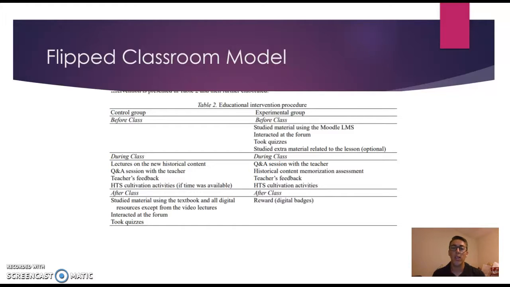They did their videos before coming to class, so that when they came to class, they had a lot more time to have that Q&A session with the teacher. They can get teacher feedback, and then they had time to do those activities where they can collaborate and really interact with the material instead of sitting in class and receiving a lecture from the teacher.